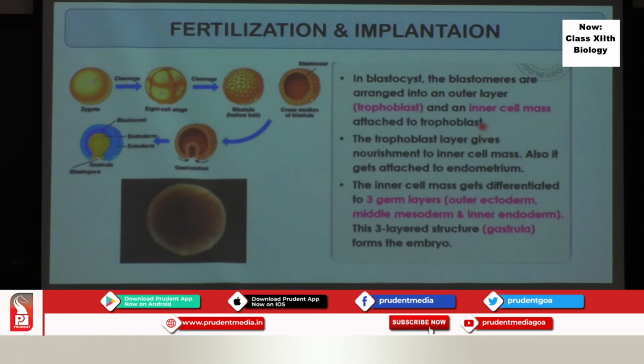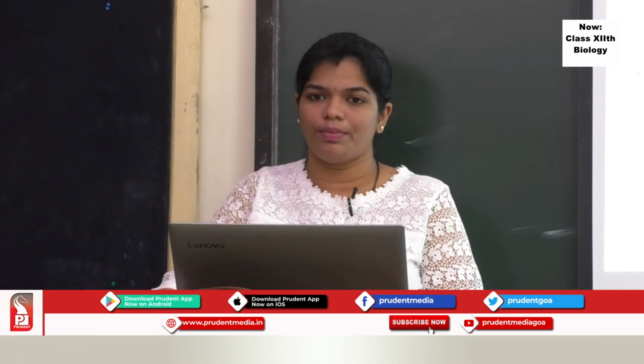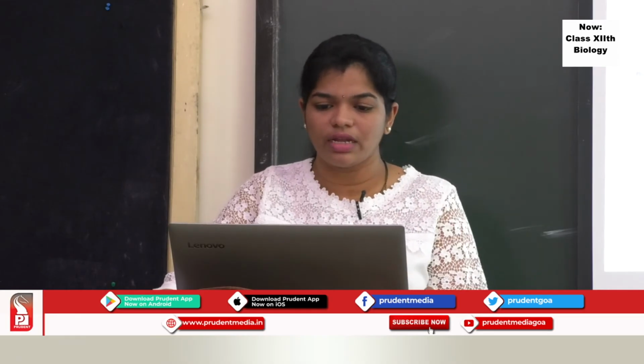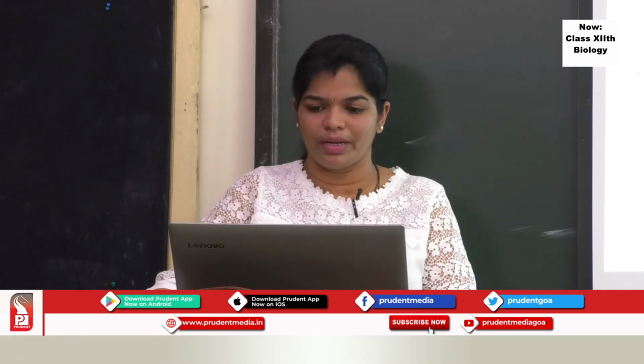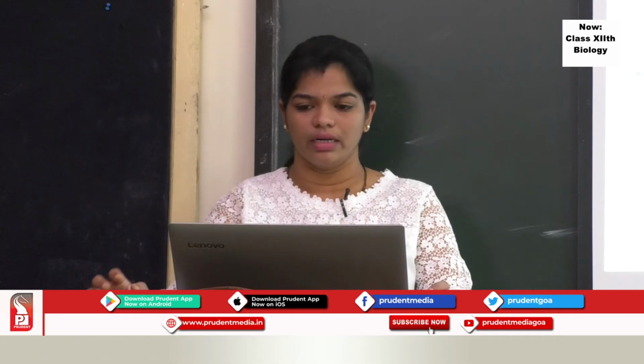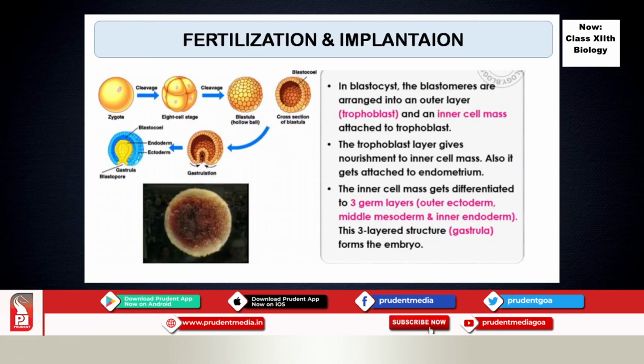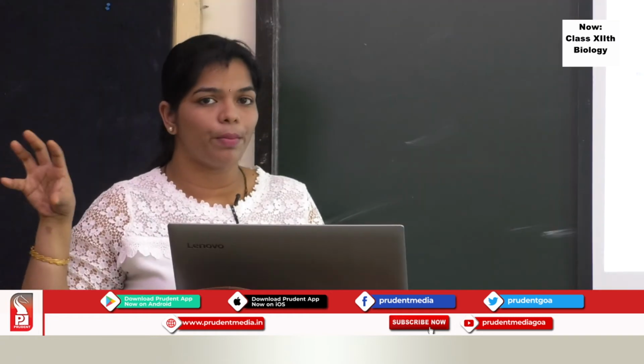The inner cell mass is attached to the trophoblast, and it's the trophoblast layer which will give nourishment to the inner cell mass. And the whole mass will now get attached to the endometrium.